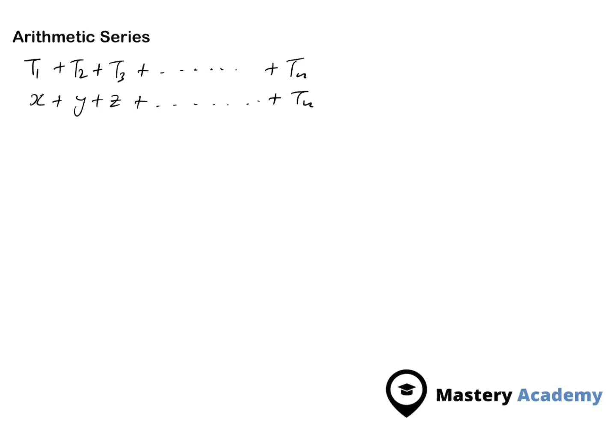So we're basically adding all of them. And then now the general formula that we use to calculate the sum of all these terms is this one. Sn is equal to n over 2, open bracket, 2a plus n minus 1, in brackets D, and then we close the bracket. Now, this is the general formula.